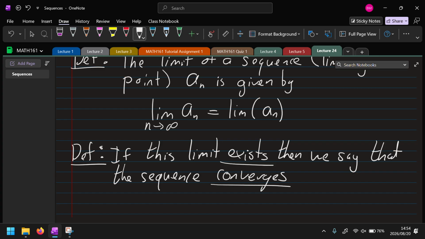It's just some terminology. So if the limit exists and we get a value like 2 or 3 or something, then we say that that sequence converges. Otherwise, it diverges. It's always one of the two. It either converges, where the limit exists and has a value, otherwise it diverges.